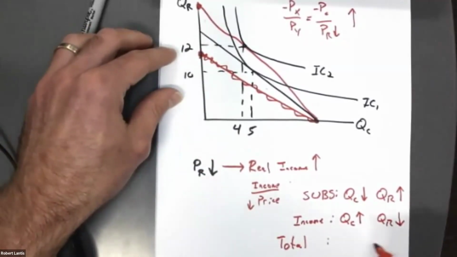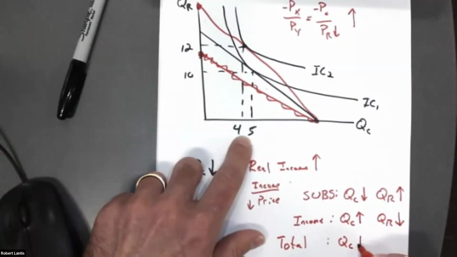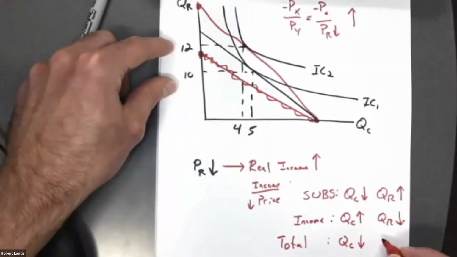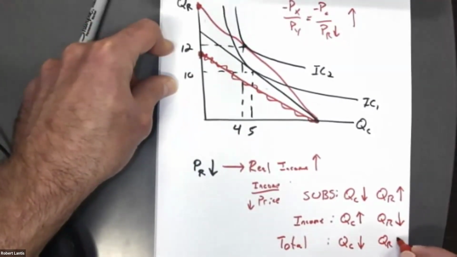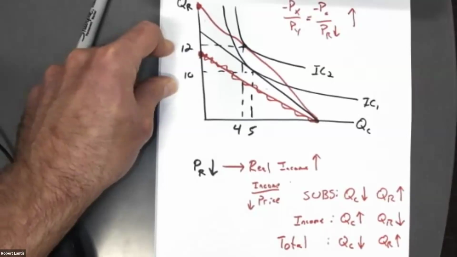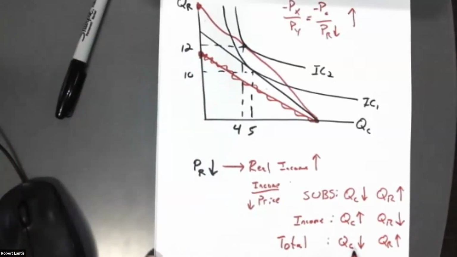Now, because I was given it in the problem, I was told that the amount of caviar goes down, and the total effect, the difference in that consumer optimum point for ramen, went up. What do I know has to be true for caviar? Well, for caviar, it must be that the substitution effect was greater than the income effect.